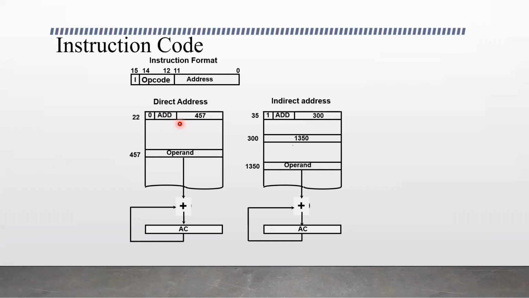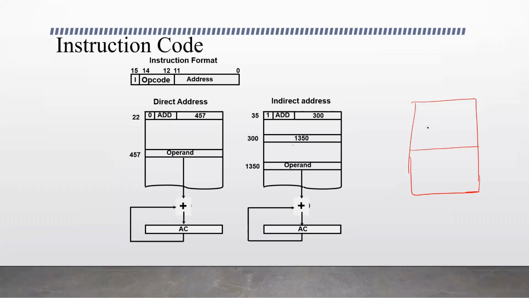Direct address, you see this example here. Here we have the instruction at location 22 in memory. This is the memory that stores the instructions and data. We learned that memory is divided into two parts, right? In the stored program concept, the data and the instructions are stored in the same memory.